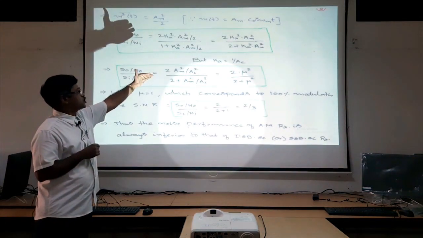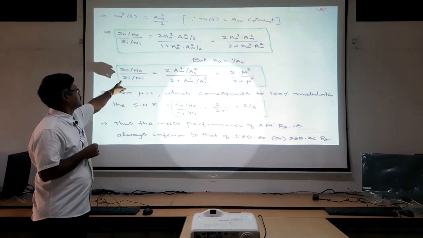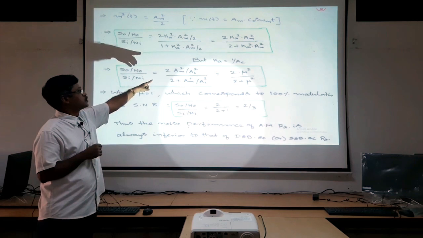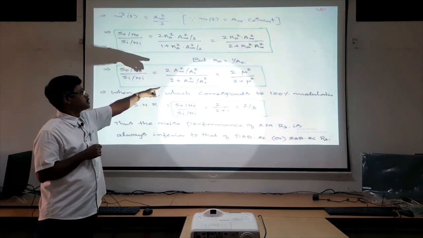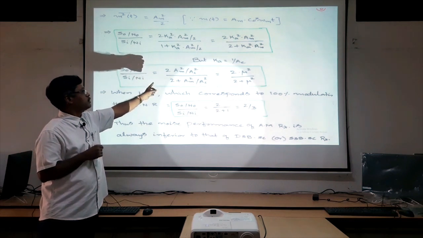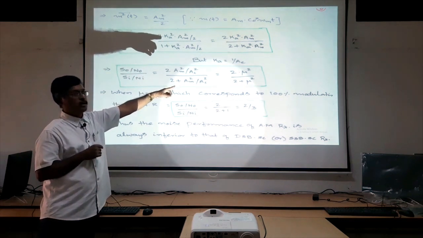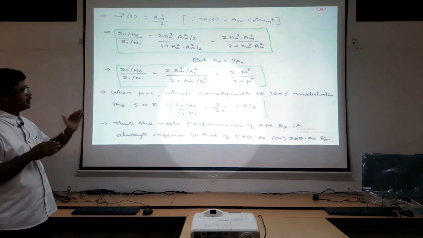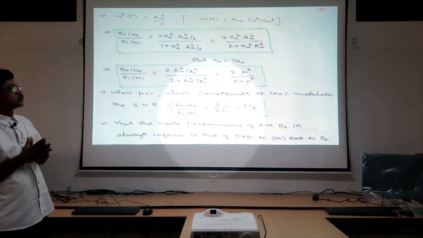By substituting and simplifying that expression, we get the overall signal to noise ratio as 2 times Am square by Ac square divided by 1 plus Am square by Ac square. Here Am by Ac is nothing but the modulation index, so I am replacing this with mu or small m. So it is 2 mu square divided by 1 plus mu square. This is the noise calculation for amplitude modulation systems.